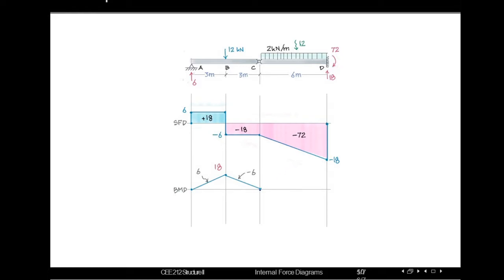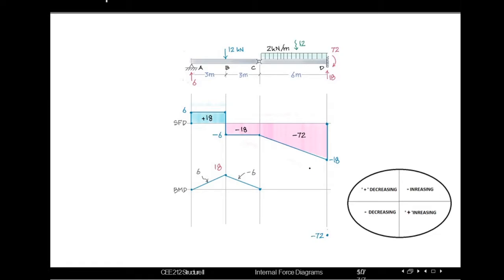Moving from C to D point, the initial value at C was 0, and moving to D point it's facing negative 72, so the sum will be 0 minus 72, which is minus 72. So we need to select the point minus 72, and from the area we can see it's in the negative portion, so negative, and the shape while moving from C to D is increasing, so negative, increasing.